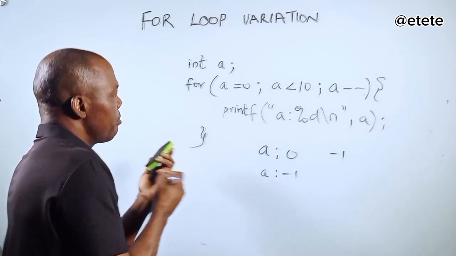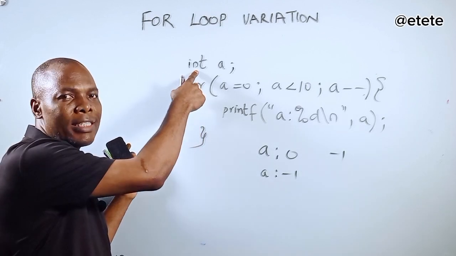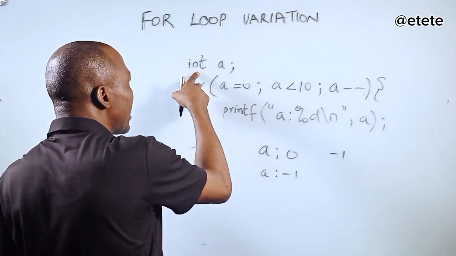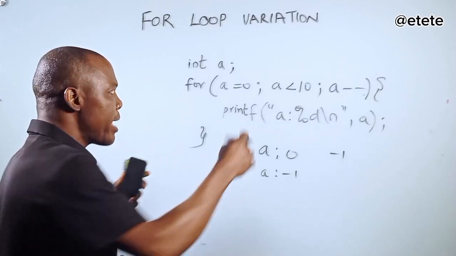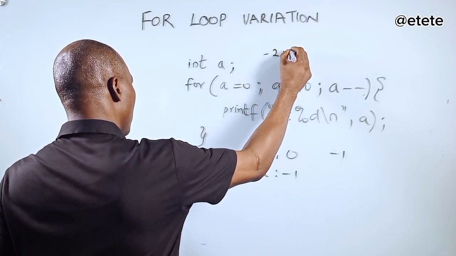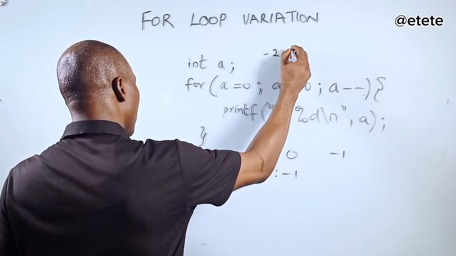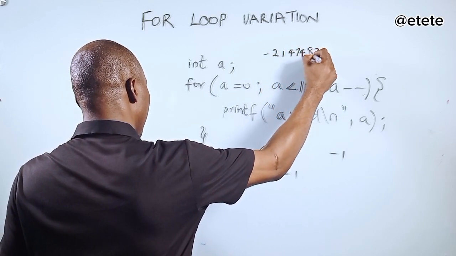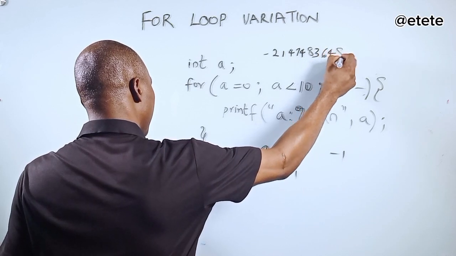Why? Because this is a signed integer, right? And a signed integer can occupy -2147483648, right?